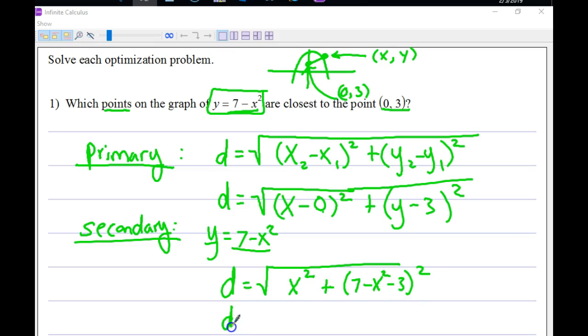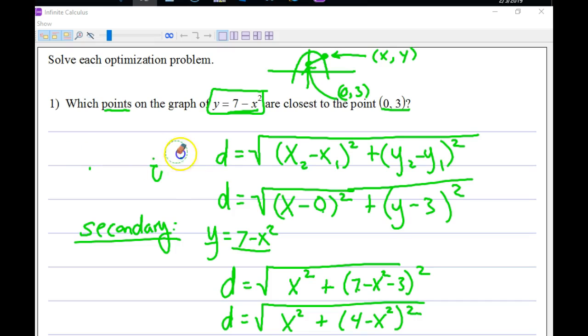And we're going to go ahead and continue simplifying this a little bit. 7 take away 3 is 4. All right. So now this piece here, I'm going to FOIL that out. That's going to be 4 minus x squared times 4 minus x squared, since it's being squared.